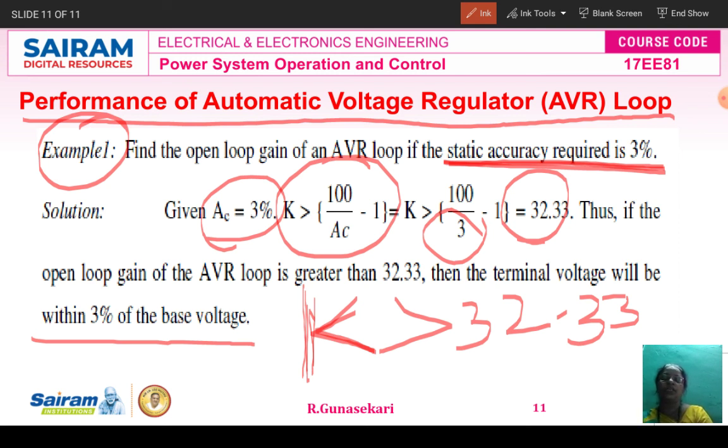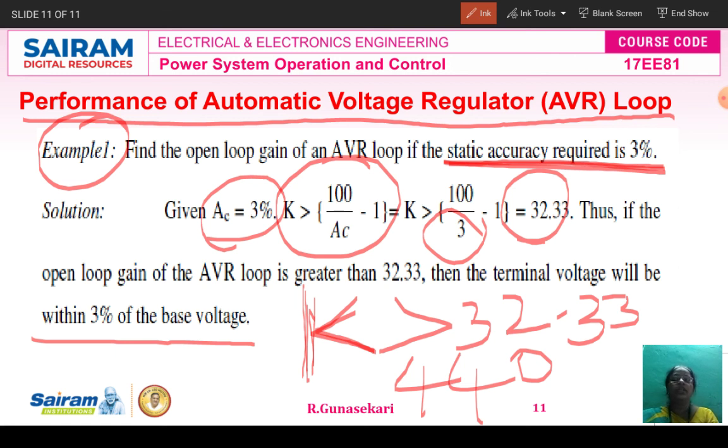Suppose the base voltage is 440; then 3% of 440 is the limit of the voltage. This is the static accuracy limit.